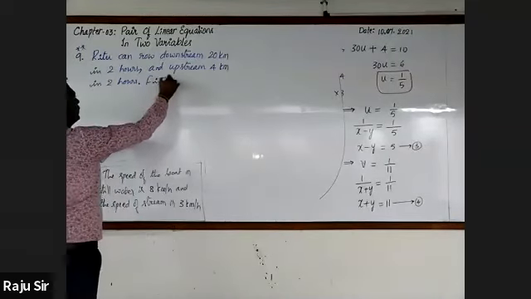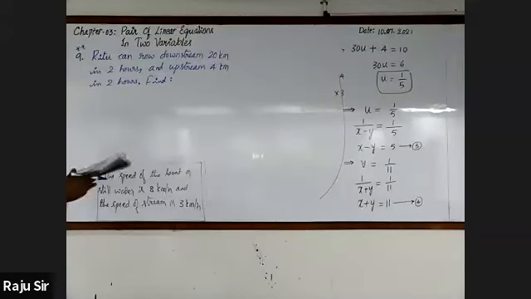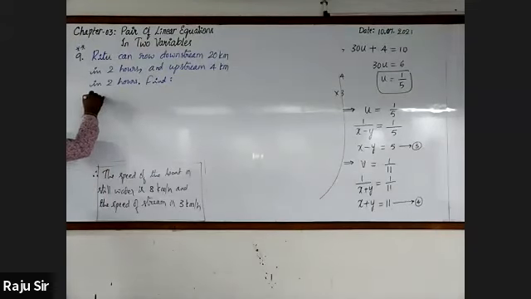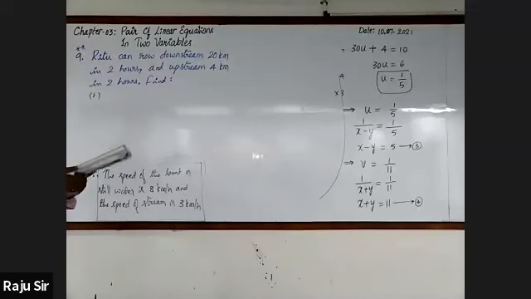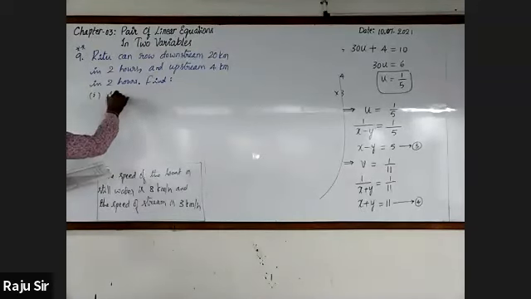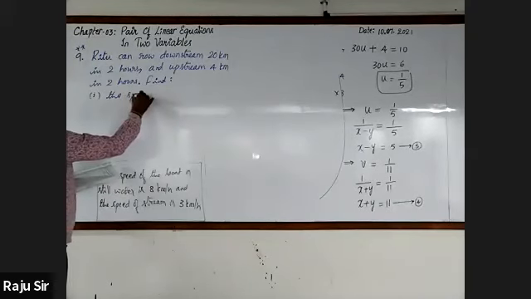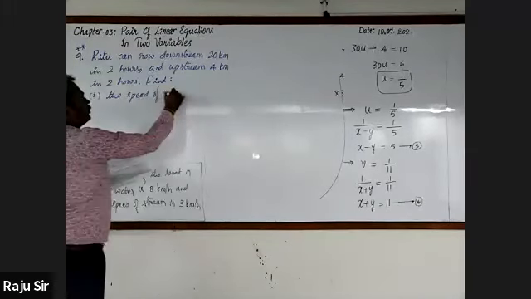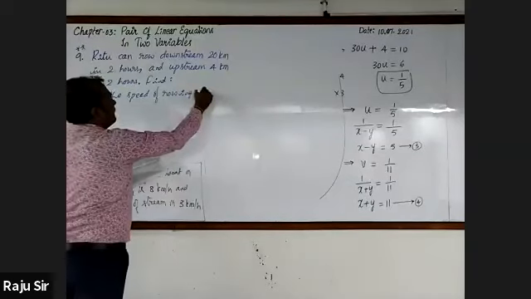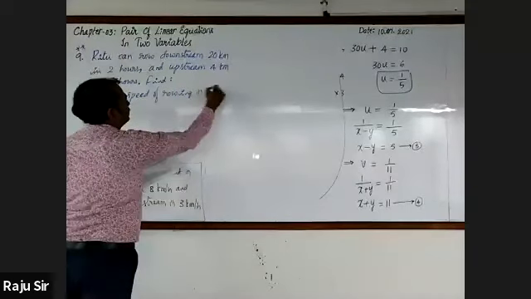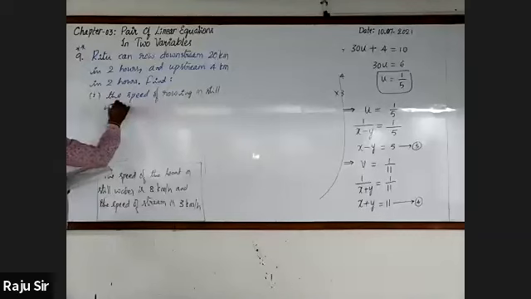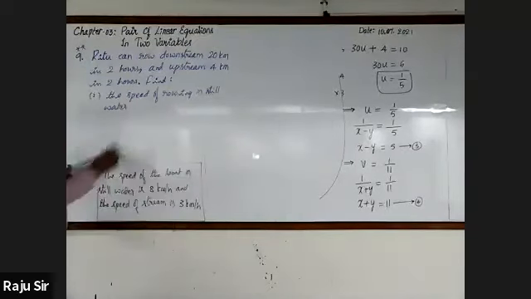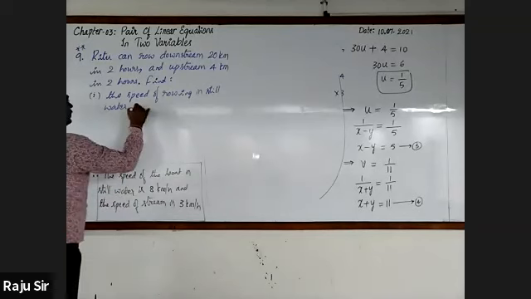Find the speed of rowing in still water and the speed of the current.